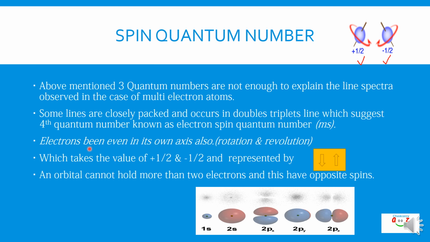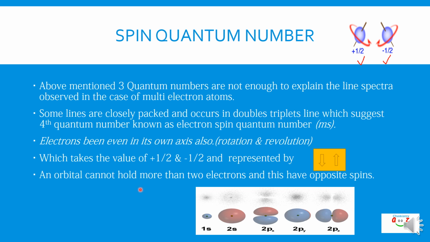So that's why electron also rotates and revolves like a planet. तो उसको हमने यहाँ प्लस हाफ एंड माइनस हाफ ऐसे रिप्रेजेंट किया है, जो आप देख सकते हो अप एरो एंड डाउन एरो से हम उसको शो करते हैं स्टूडेंट.